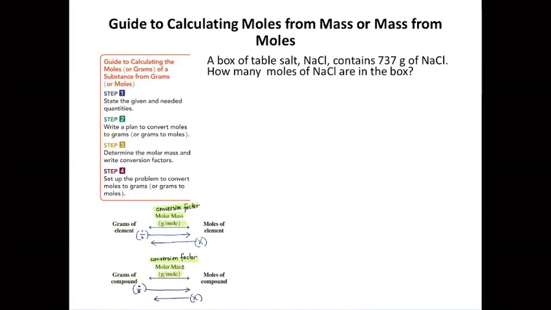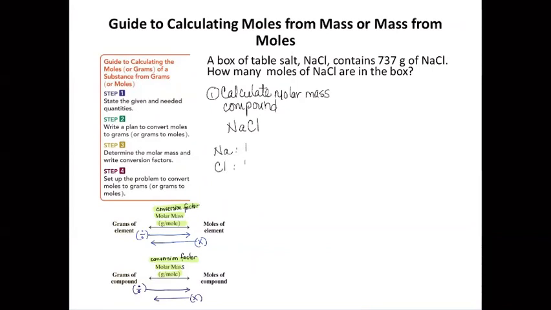So before we write the amount given, let's actually generate our conversion factor. Let's first calculate the molar mass for our compound. If you had an element, understand that your conversion factor is already given in the periodic table, but if you have a compound, we have to calculate it. So since our compound is NaCl, the way that we do this is that we say we have a sodium ion and we have chlorine.